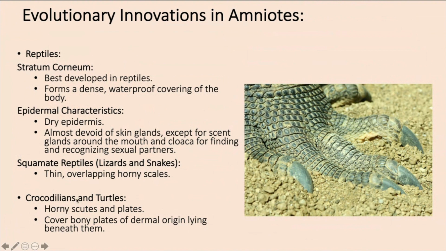And then the crocodiles and the turtles have something called scutes, horny scutes and plates. So where the lizards and snakes have scales, the crocodiles and the turtles would have plates instead. And they cover the bony plates that come from the dermis layer underneath them. So that means that these plates are actually found in the epidermal region.